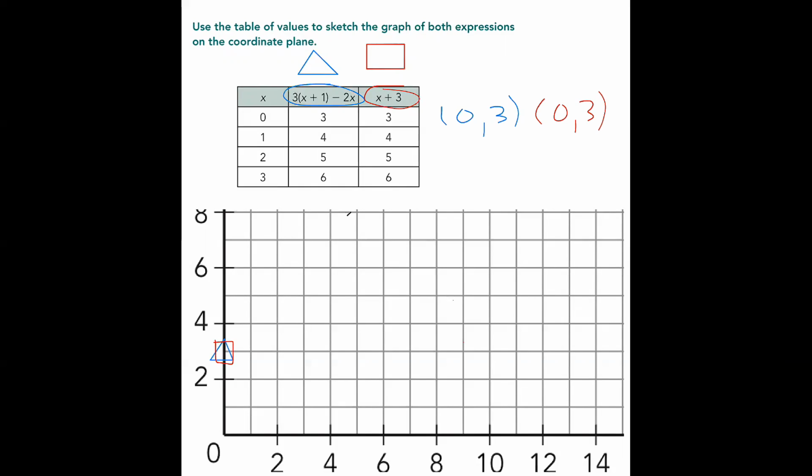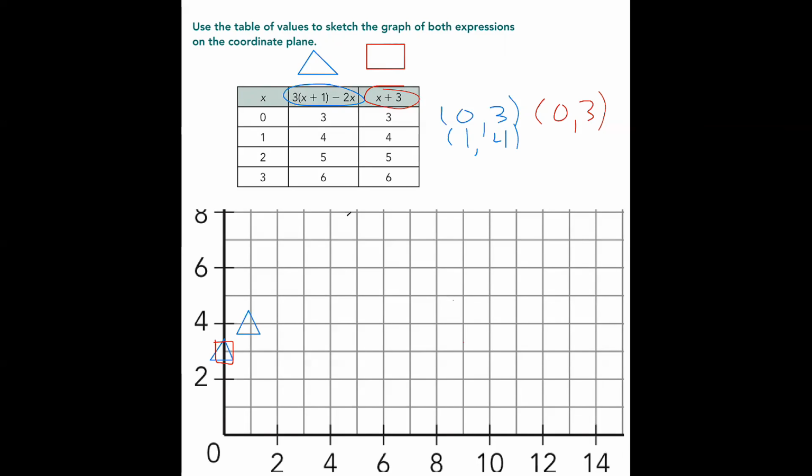If we do the same thing for our next value, we notice that our coordinates are 1, 4. So again, if we come over one space and go up 4, we can draw in our triangle here.